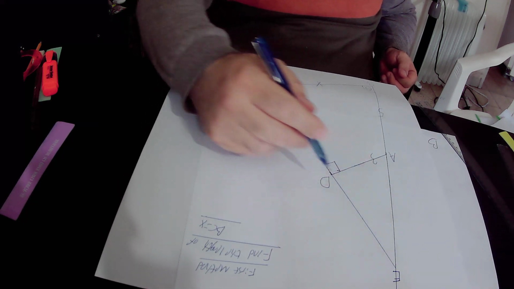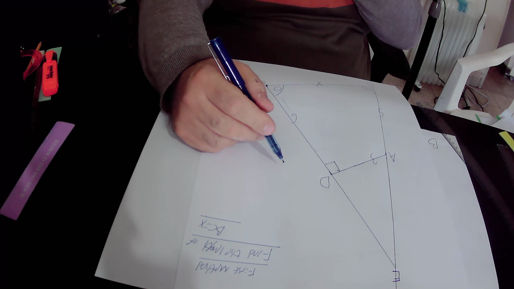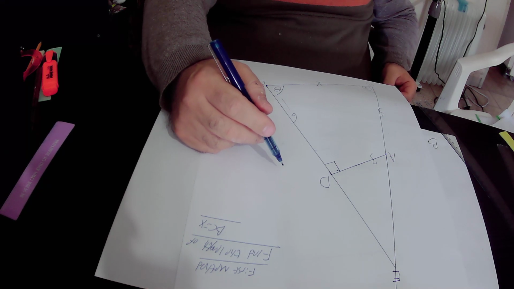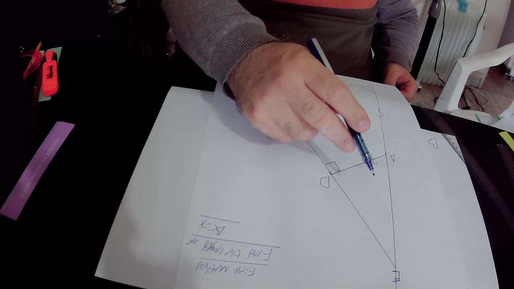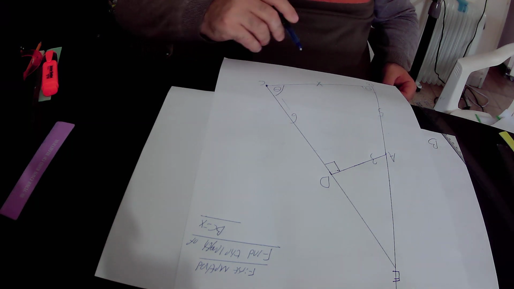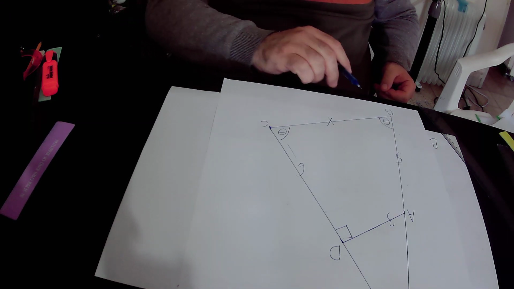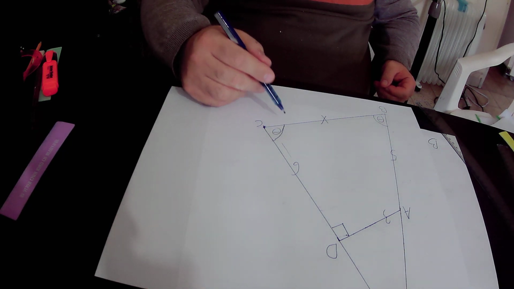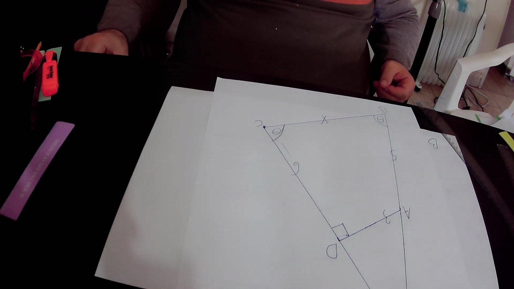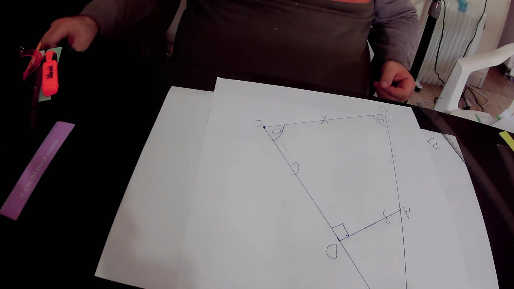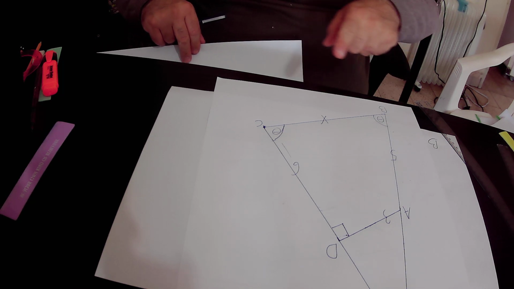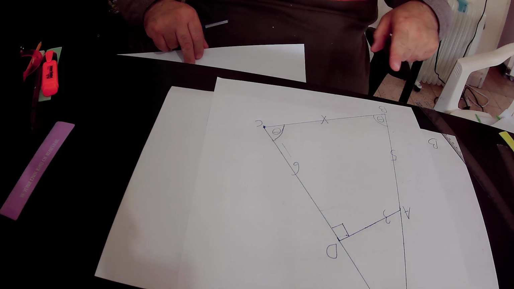Okay, so here we have a triangle EBC has two equal angles, and we have a rule that in front of equal angles inside the triangle there are equal sides.